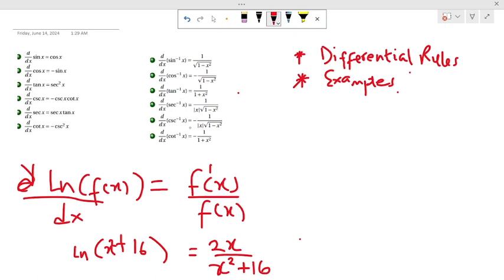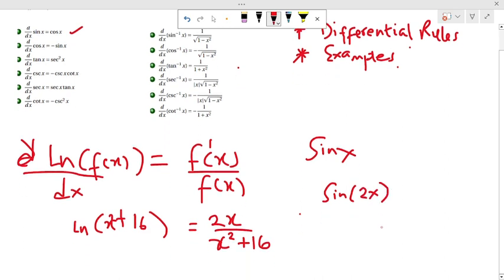And also for differentiation of trig functions, we can see from this portion that when we have sine x and we are asked to differentiate, we get cos x. So let's say we have sine 2x and we are asked to differentiate, what will it be?